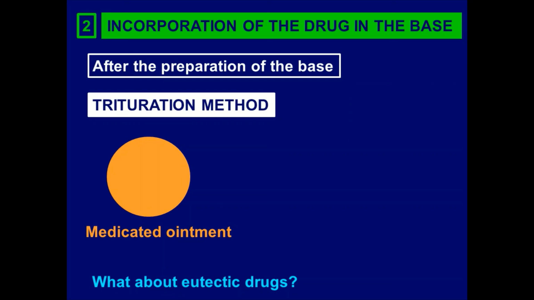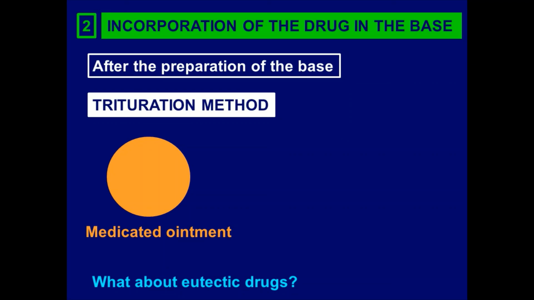Here the ointment base was prepared either by fusion method or emulsification method, but the drug was incorporated in the ointment base using trituration method. For eutectic drugs, use trituration method. Take some of the previously prepared ointment base and put the two eutectic mixtures together.